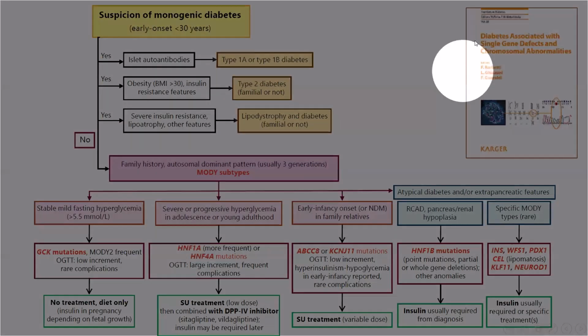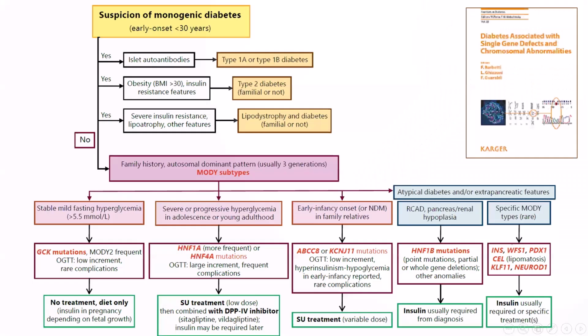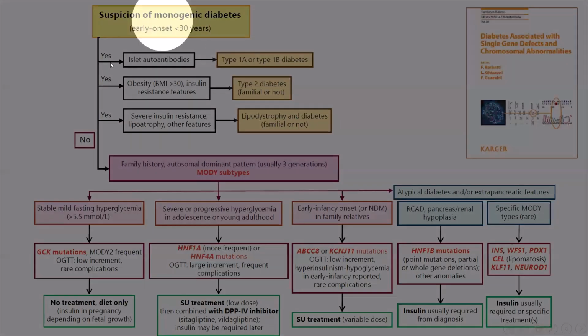If anyone requires more details about monogenic diabetes mellitus, this is a Karger book related to diabetes associated with single gene mutation. This algorithm is from it. If we suspect MODY: if islet autoantibody is positive, it is type 1. If there is obesity and acanthosis nigricans, it is type 2.